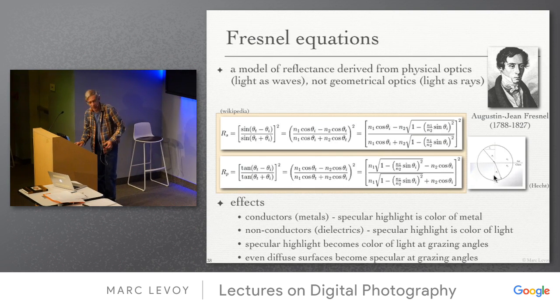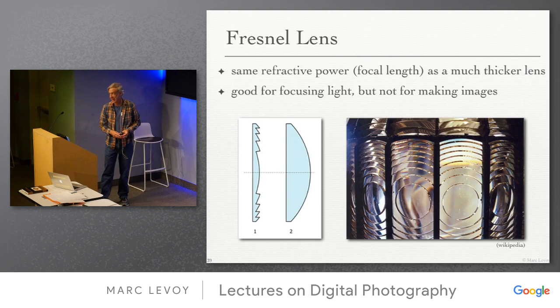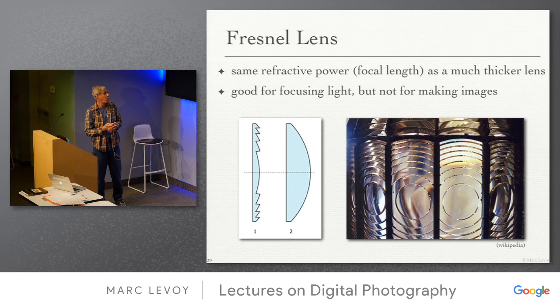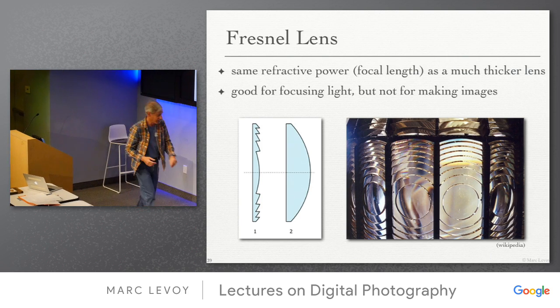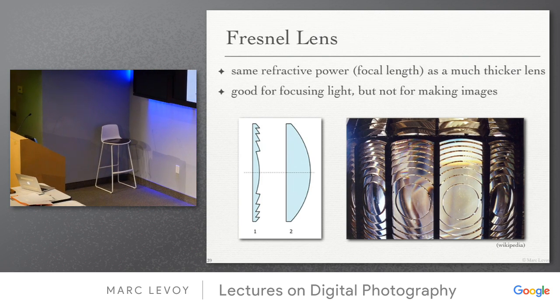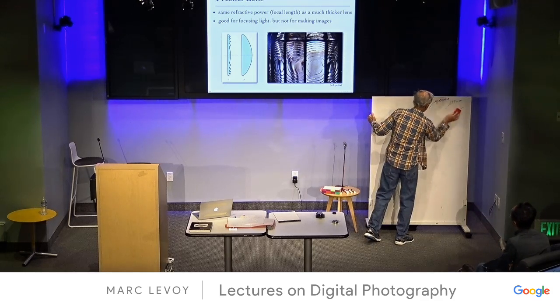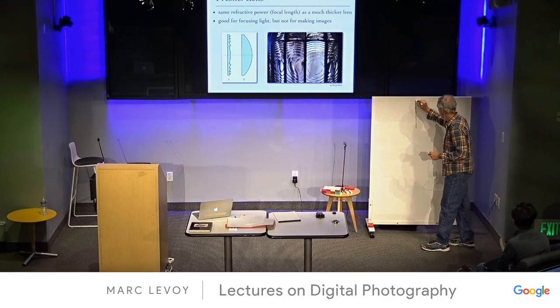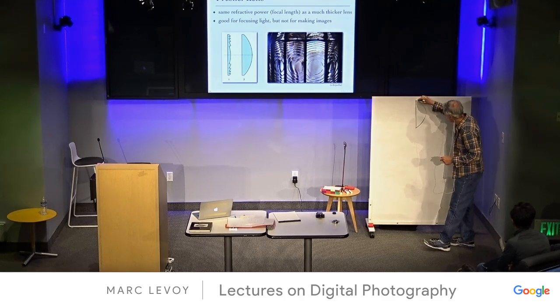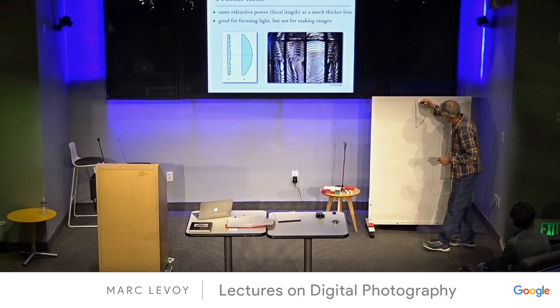Fresnel, by the way, is very interesting because of Fresnel lenses. A very clever design he came up with in order to reduce the weight and size of lenses for lighthouses. And it's kind of clever the way that works if you've never seen a Fresnel lens. So the basic idea is you just take the surface of the lens and just displace it. So we'll take this part of it and put it over here, and then we'll take this part of it and put it over here.